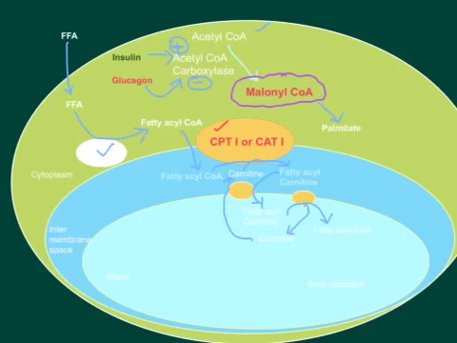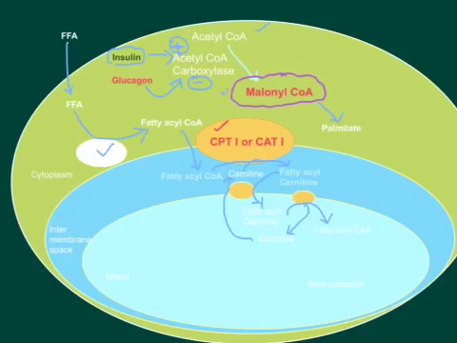Now when the person is in well-fed condition, you all know there will be increase in insulin. And this insulin will keep acetyl-CoA carboxylase active, and activated acetyl-CoA carboxylase will increase the concentration of malonyl-CoA.